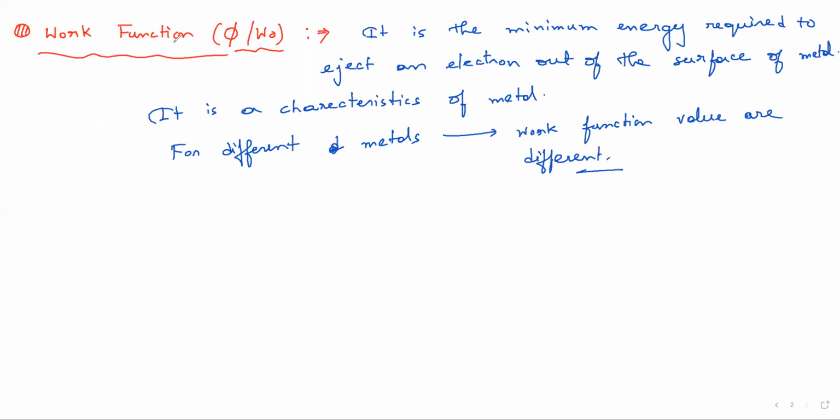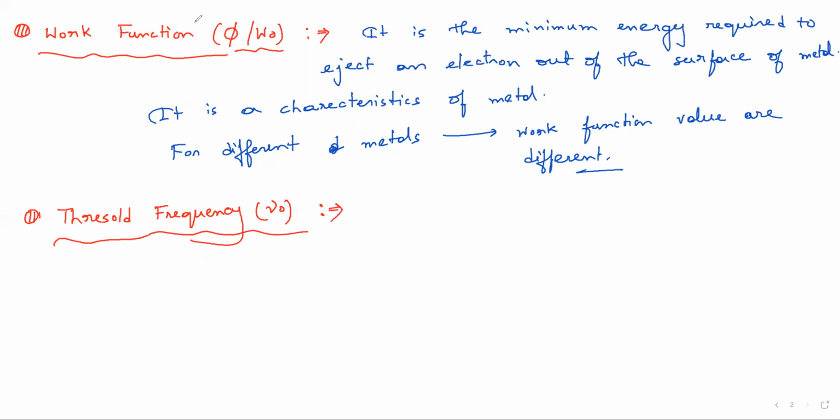Okay. And what is threshold frequency? Work function can be represented as W naught or phi. Next is threshold frequency, nu naught.